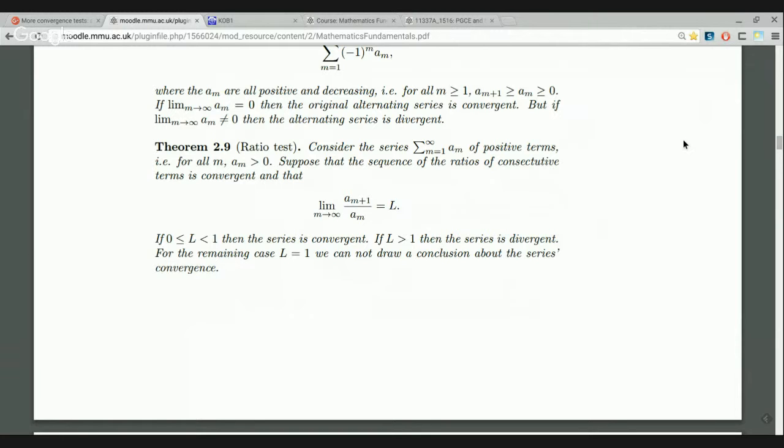And similarly, if L is strictly bigger than 1, then the corresponding geometric series will diverge. Because remember, the geometric series test says that if the R, well, we called it R in the geometric series test, but if that ratio R is strictly bigger than 1, then your geometric series is divergent.